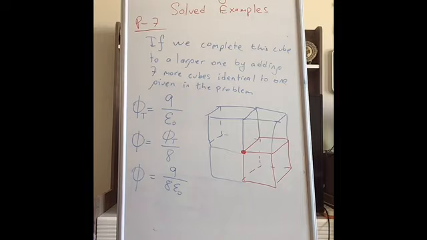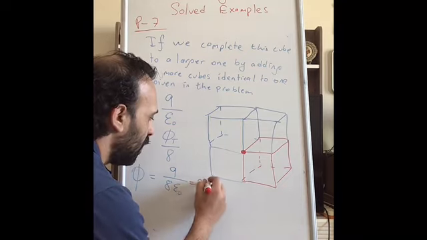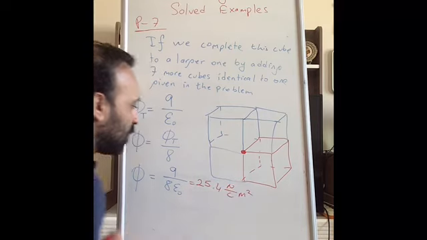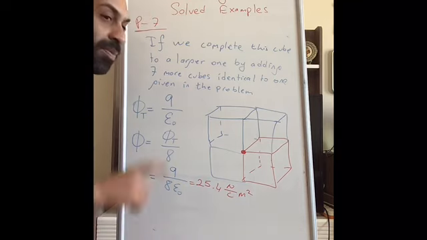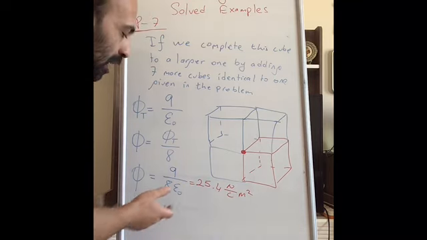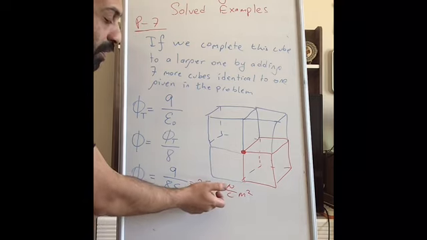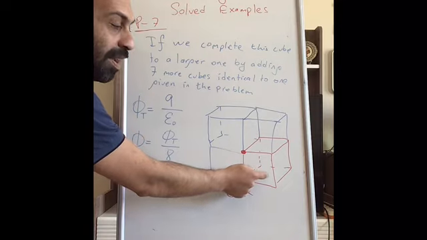Let me just check my notes. It's going to be 25.4 Newton per Coulomb meter square. So if you put q equal to 1.8 microcoulomb, don't forget to convert it to Coulomb, then q over 8 epsilon 0 will give you this value for the total flux through only our main cube.